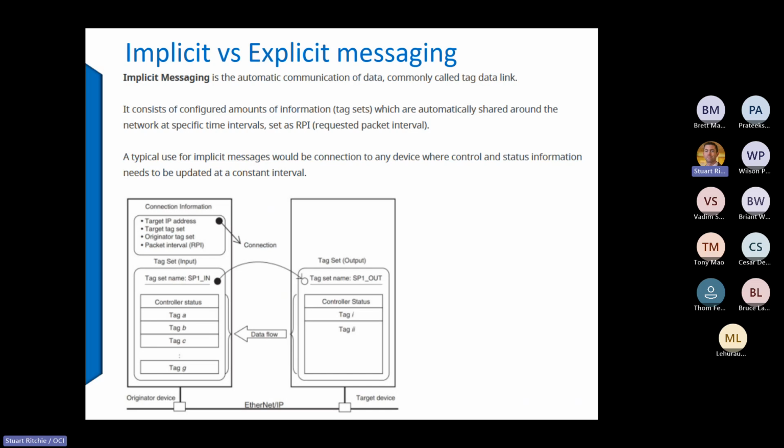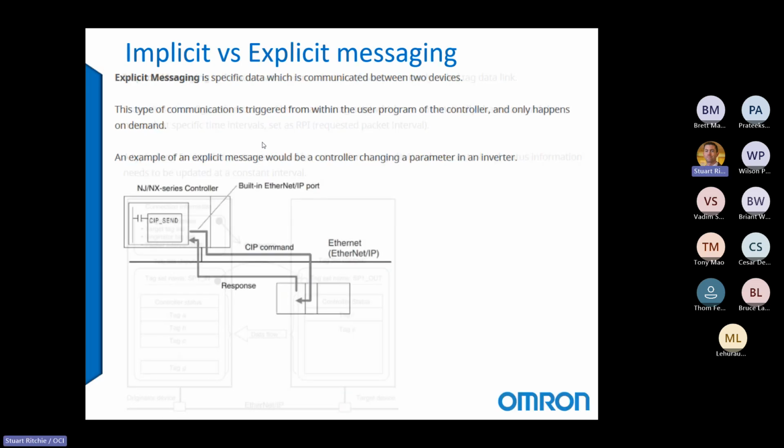We'll be doing examples of both of these, but explicit we generally use for less commonly written to or read from data. If we're sticking with the example of remote I/O, you might want to pull the current consumption of an input card. That's not something you generally want every single communication cycle. You might just want to check that once every few minutes. Lots of different examples out there, but those are the two flavors of Ethernet IP messaging.